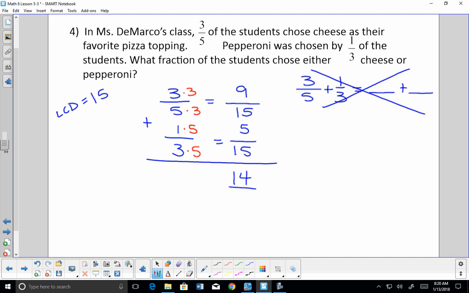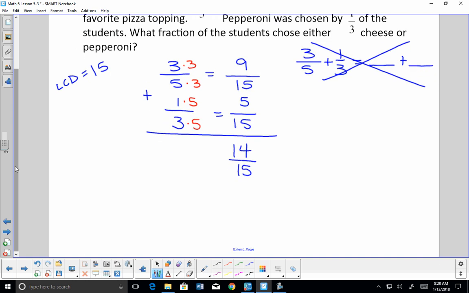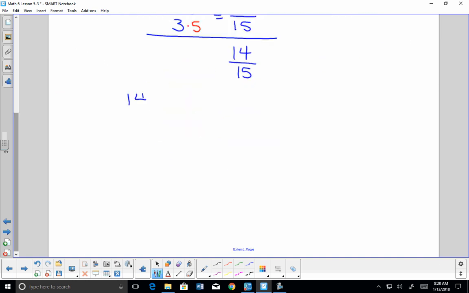But since this is a word problem, I must write it in a complete sentence. Okay, so I can write 14/15 of the students chose either cheese or pepperoni.